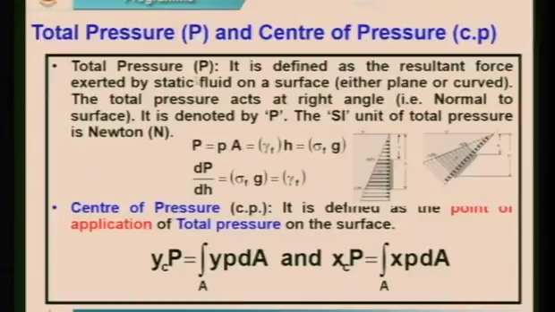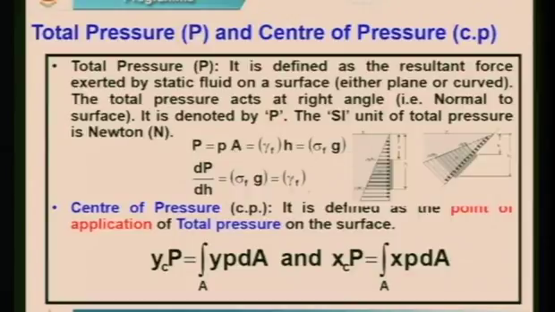I repeat again, the area of the pressure prism, like this, into the length is actually nothing but the volume of the pressure prism. So we have to calculate P is equal to the intensity of pressure into A.